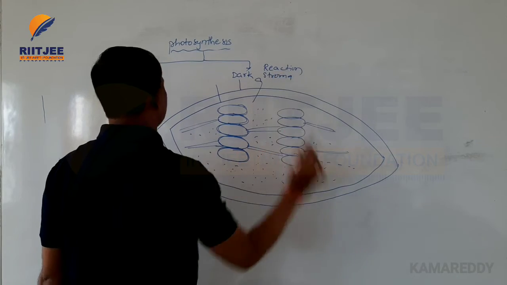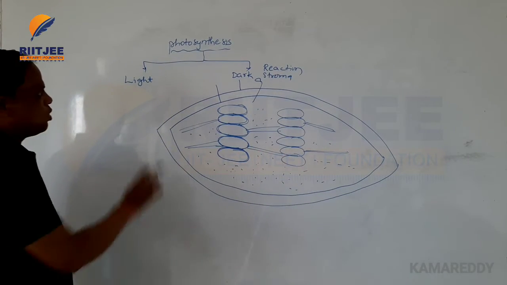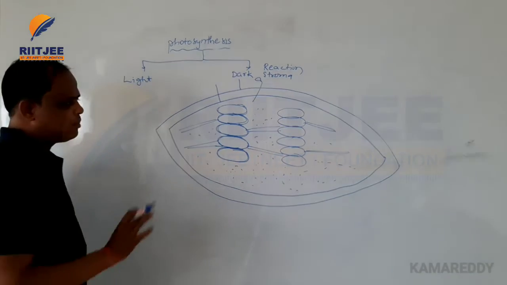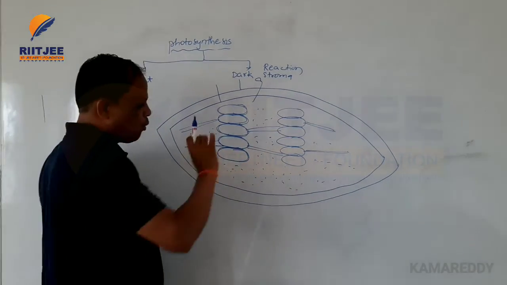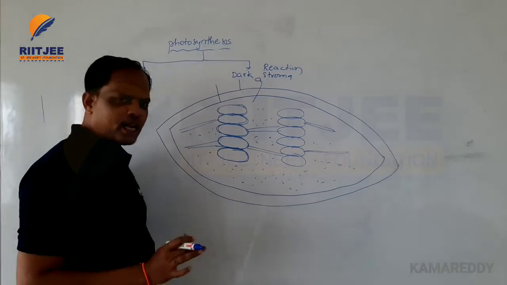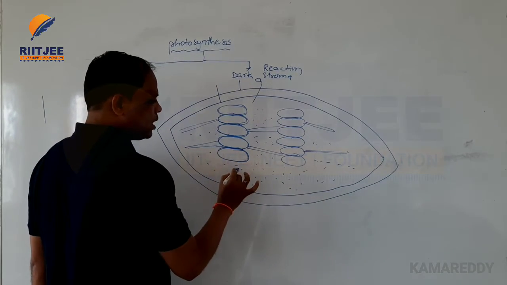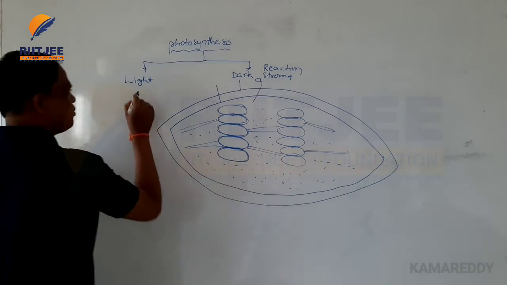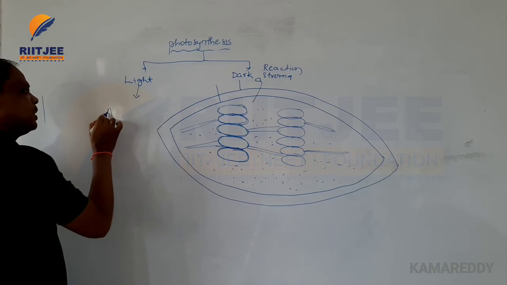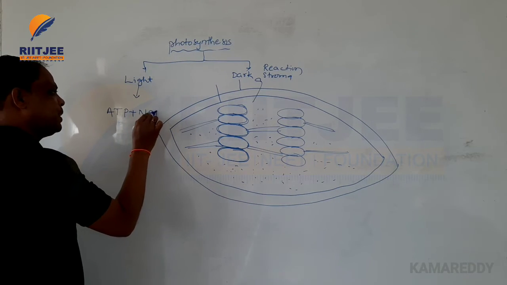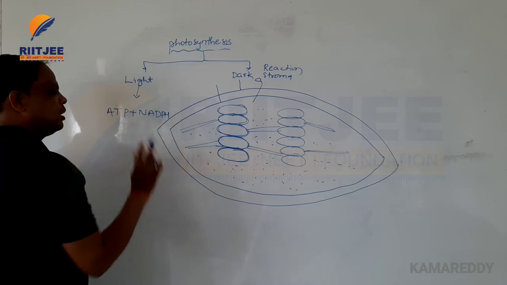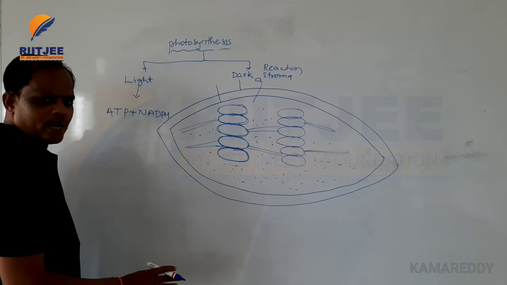All the light reaction processes are carried out inside of the thylakoid. When the light reaction is completed, the final product released is ATP plus NADPH. Okay, so this is the light reaction.